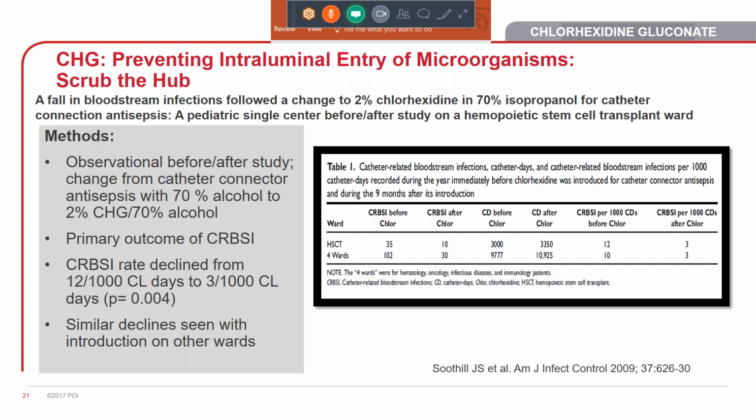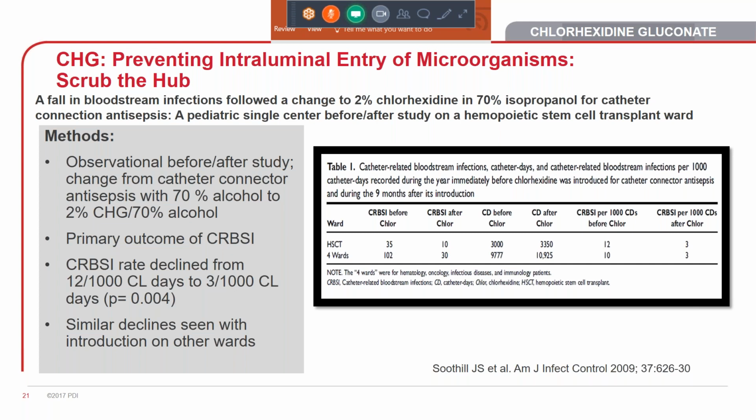Again, this is a patient population that I think all of us know are very vulnerable to the development of bloodstream infections. Any innovative technologies are certainly going to be looked at to try to reduce the poor outcomes associated with catheter use in this population.